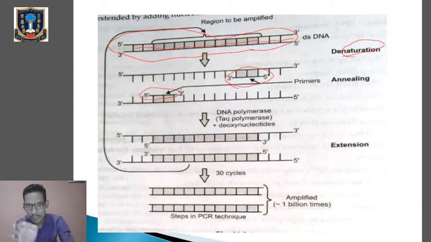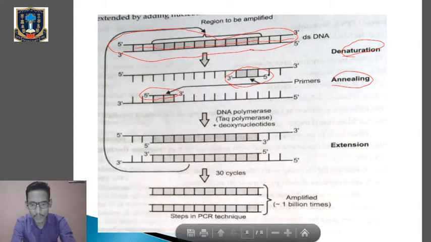In each template we will require a primer, which will lead to the formation of new strands of DNA. Therefore primers will be annealed to the template DNA strands. So this process is known as annealing.